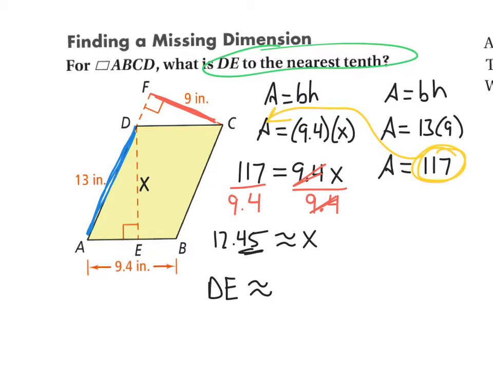You can't round it twice. The correct answer should be 12.4 inches because it was originally 12.44. Yes, inches is right because we're finding a length, DE. Questions?